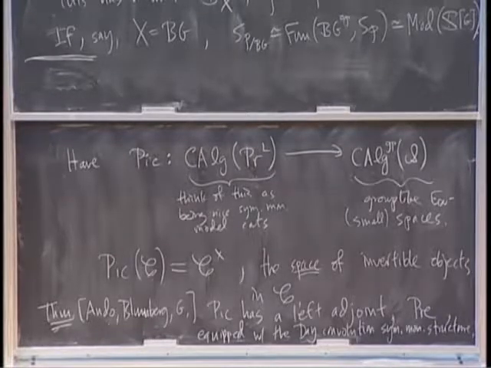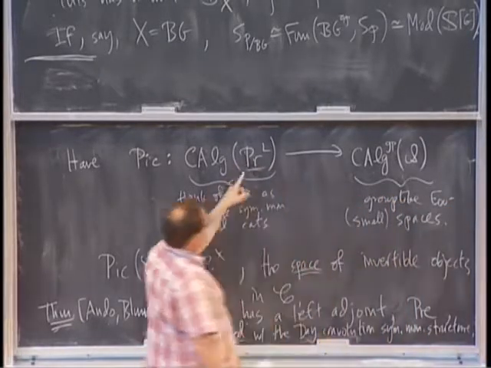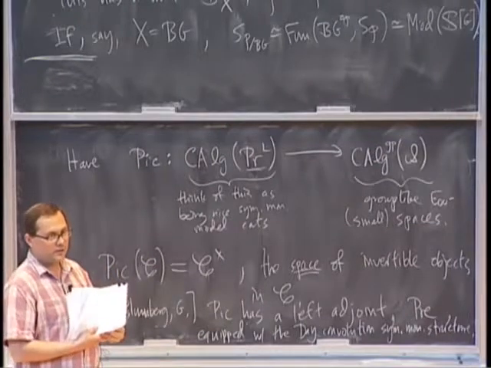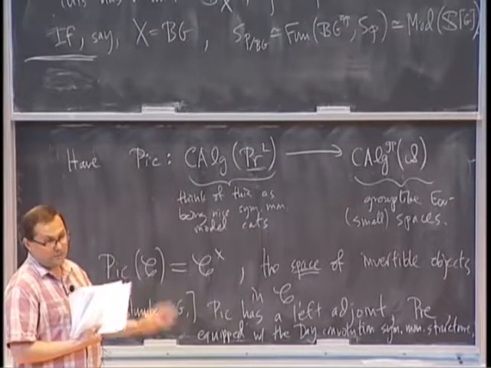And here PRL means just presentables and left adjoint functors.